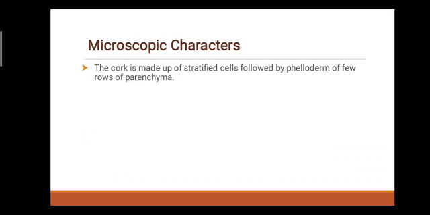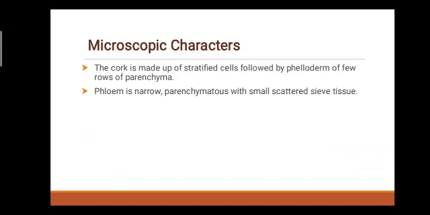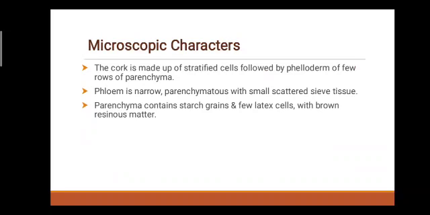Next point, microscopic characters. The cork is made up of stratified cells followed by phelloderm of few rows of parenchyma. Phloem is narrow, parenchymatous with small scattered sieve tissue. Parenchyma contains starch grains and few latex cells with brown resinous matter.